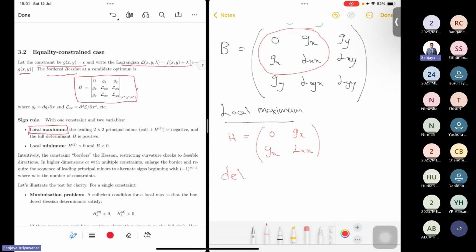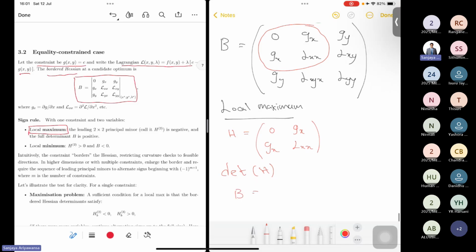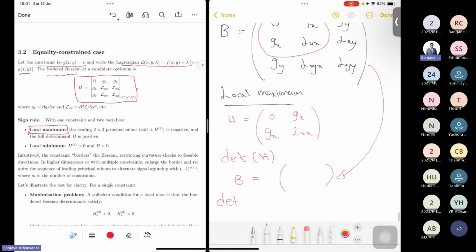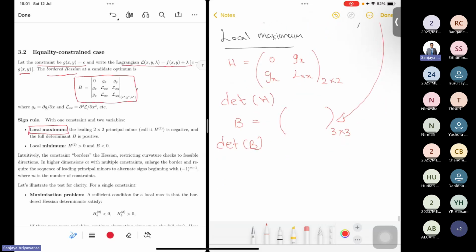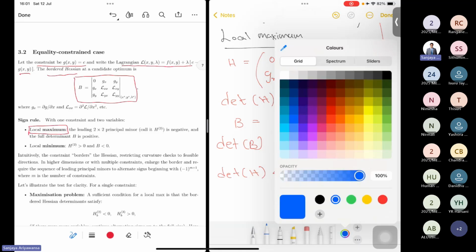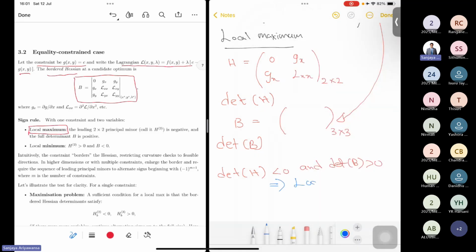And we take the determinant of this matrix, and then we take the full bordered Hessian matrix and take the determinant of B. So this is a 3 by 3 matrix, this is a 2 by 2 matrix. We talked about matrices and determinants, and this is an application of matrices. And then if the determinant of H is negative and the determinant of B is positive, we say we have a local maximum.